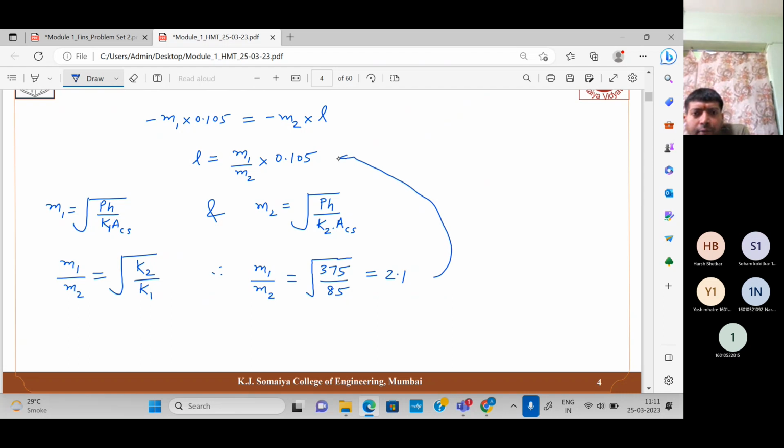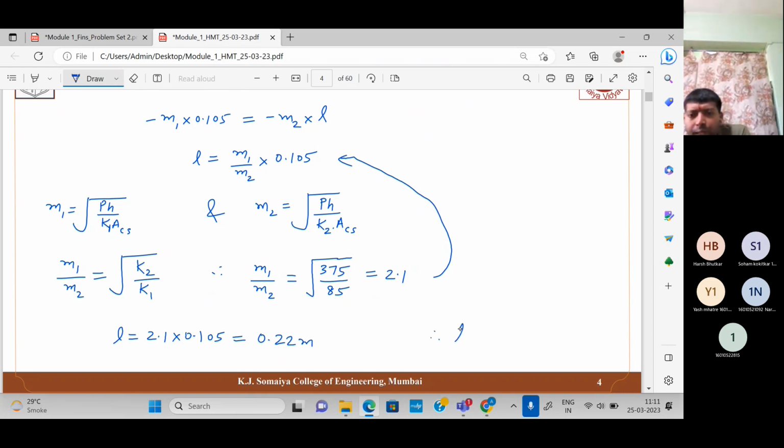Now put the value of this m1 by m2 in the above equation. This one. So you will get L is equal to m1 by m2 का वैल्यू कितना आ गया, 2.1 into 0.105. So the calculated answer is 0.22 meters.